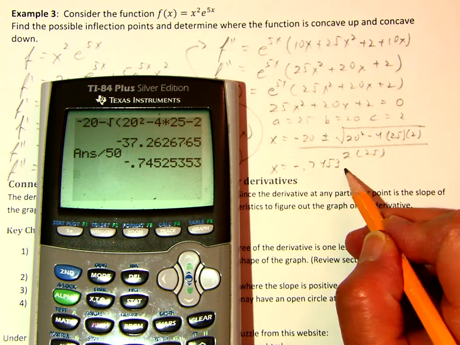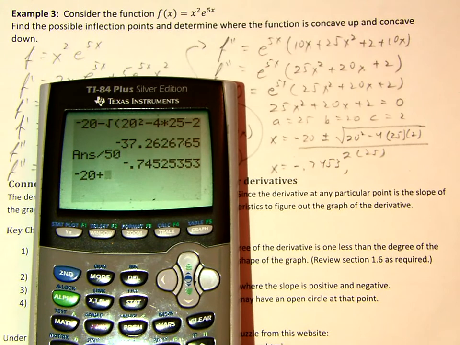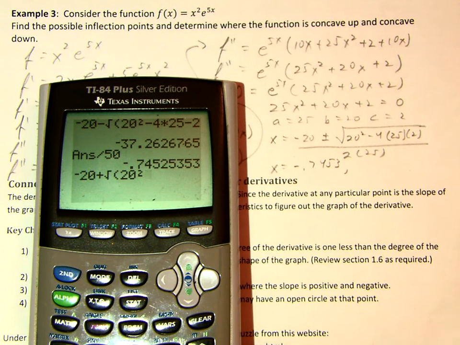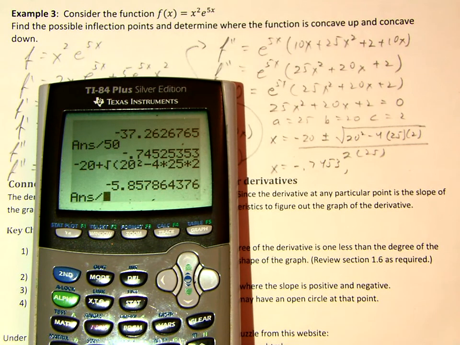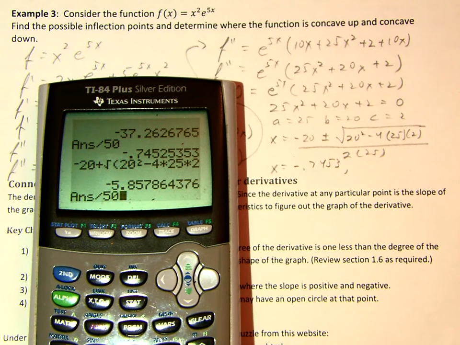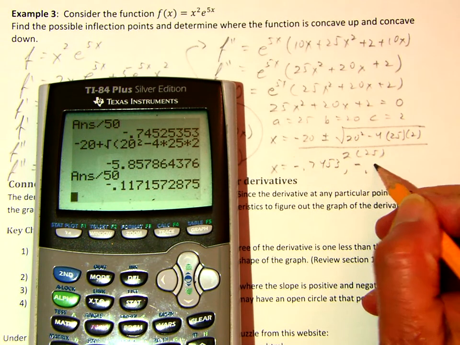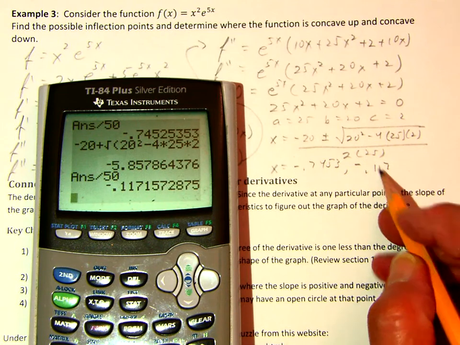Going to 4 decimal places, and then negative 20 plus the square root of 20 squared minus 4 times 25 times 2, and divide all of that by 50. So going to 4 decimal places, negative 0.1172.